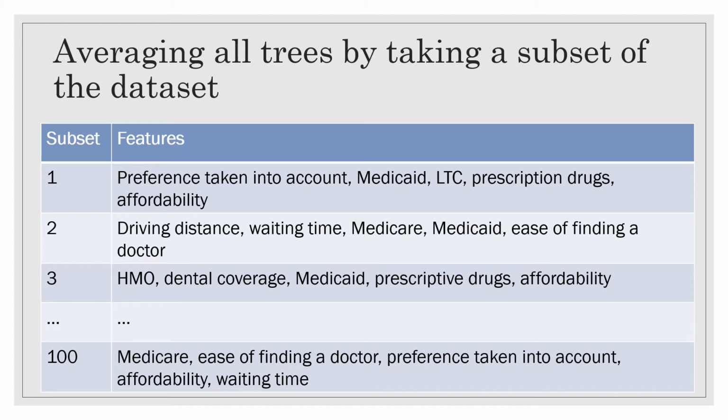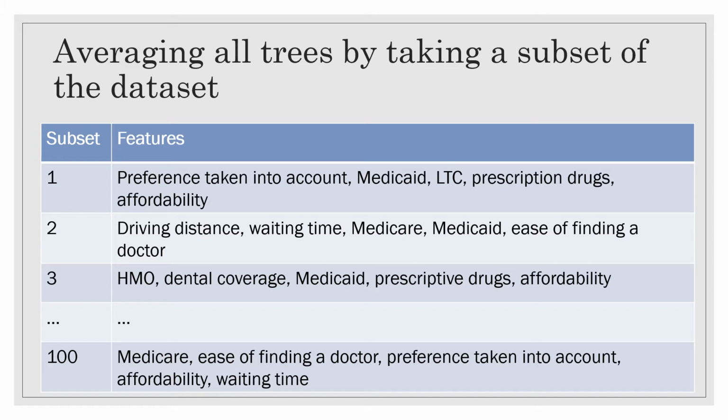Let's say we divide our respondents into 100 subsets and we send different surveys asking their opinions on what affects their healthcare satisfaction on different factors in different subsets. And then from the data we collected in each subset, we do a decision tree for each subset.